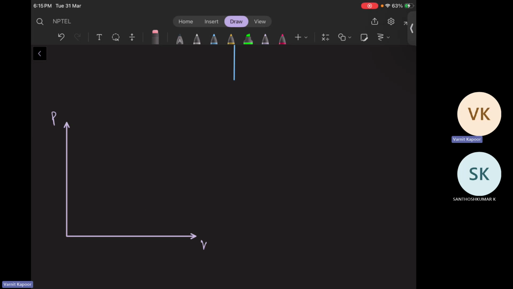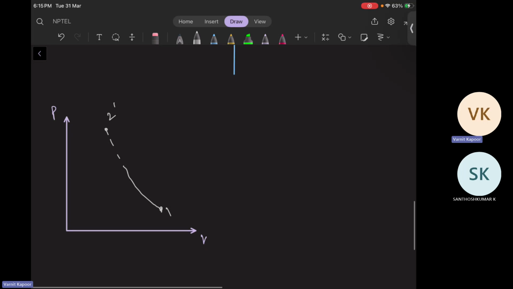Let me again make it like this, 1, 2 dash. But now what we are doing, we are not increasing directly to the higher pressure 2 dash. We are doing it in two stages.